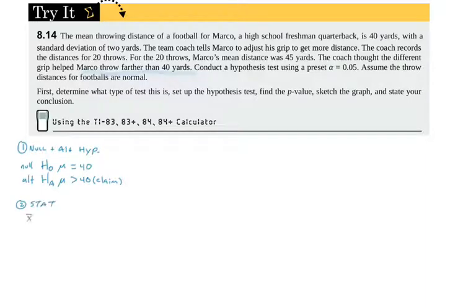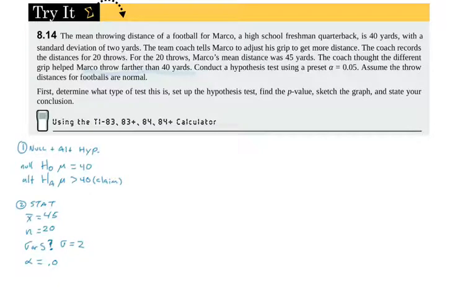Second step is going to be our stats, and let's see if we can identify everything. Our mean from the sample of those 20 throws is going to be 45 yards. And then the question is, is sigma or s given to us? This one isn't as nice, where it specifically said a population standard deviation or denoted sigma.